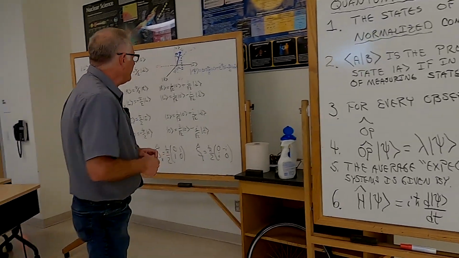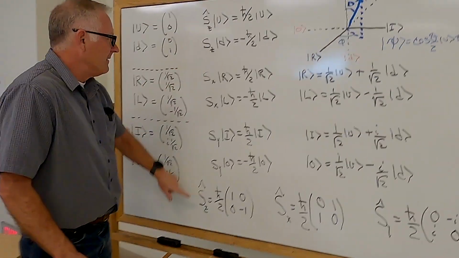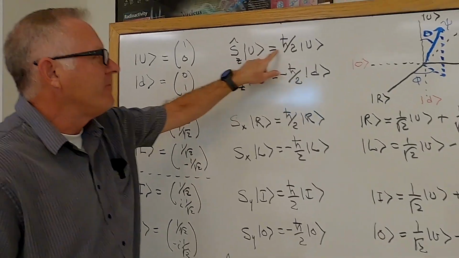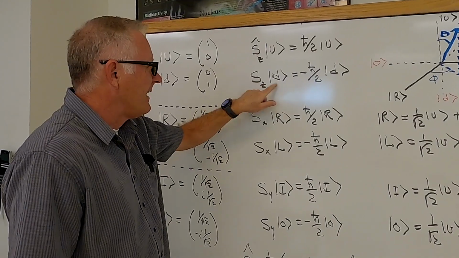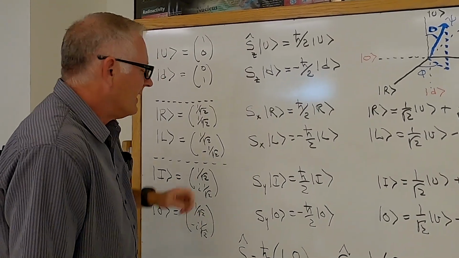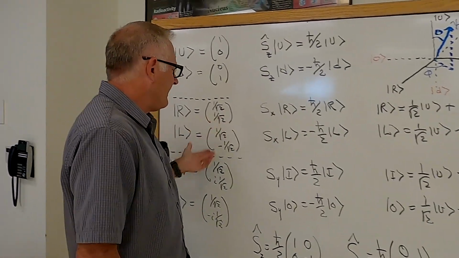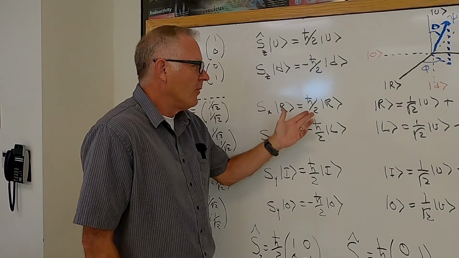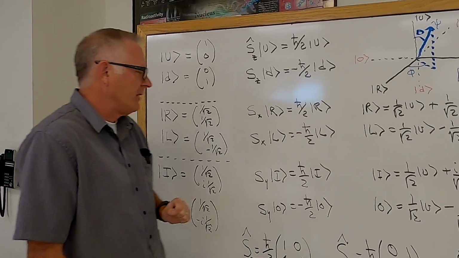And just to remind you, when we operated SZ on up, it gave me h bar over 2 back on my up. And when we operated it on down, we got our other one, minus h bar over 2 on our down. Just like when we operate SX on our right, here are our right and left states, we got h bar over 2 right, and we operate on the left, we got minus h bar over 2 left.